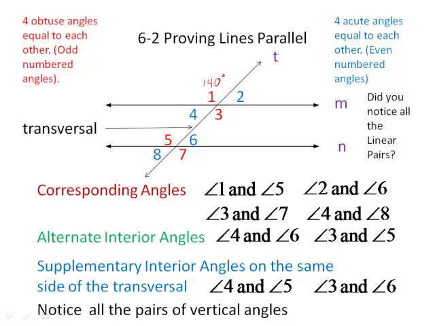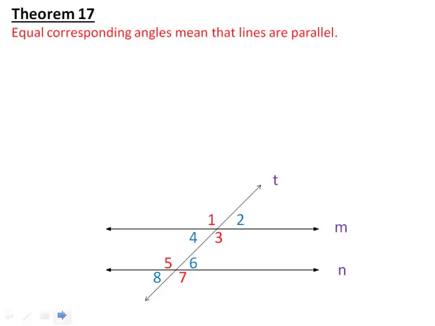Now, what's the meat of this particular lesson? You'll see on the next slide. Here's that figure again. And Theorem 17 is the main event of this particular lesson. Equal corresponding angles mean that lines are parallel. So what if I didn't know these lines are parallel, but let's say that I knew that angle 7 equaled angle 3.